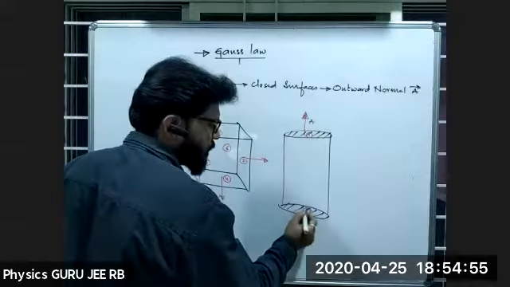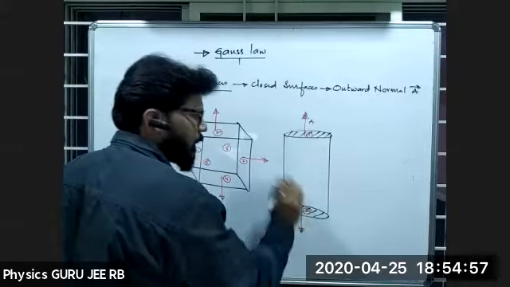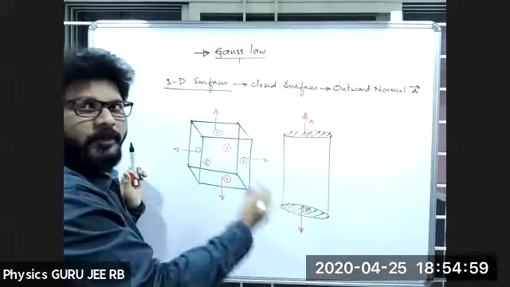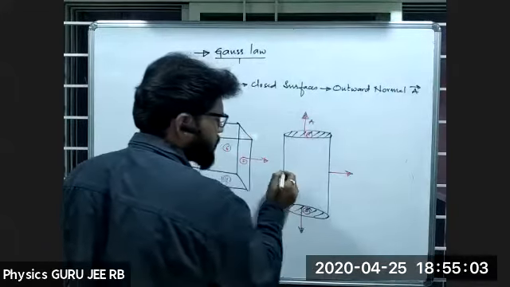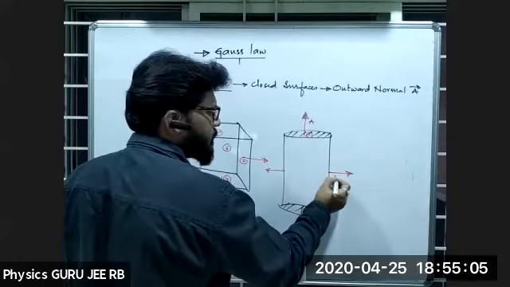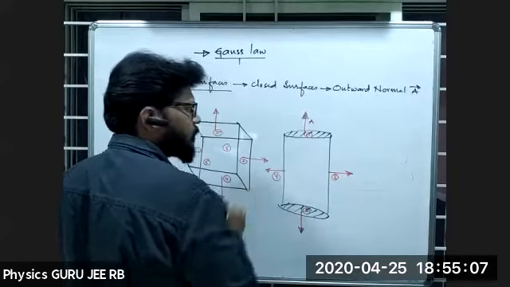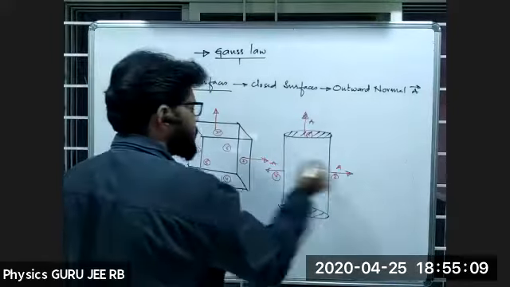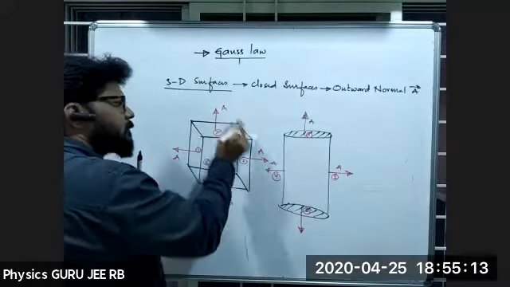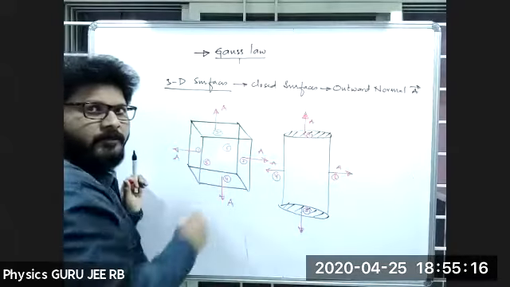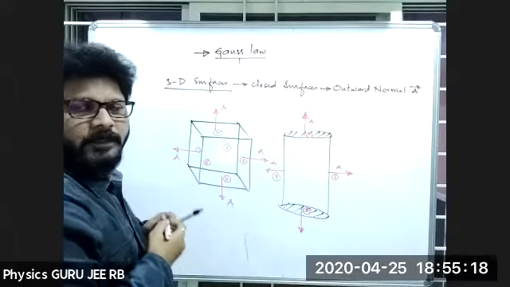On the second surface also the outward normal. And on the curved surface, at any point, the outward normal is here, and here. So let me take 3 and 4, outward normal area vectors. These are all area vectors showing the directions, magnitude times direction.